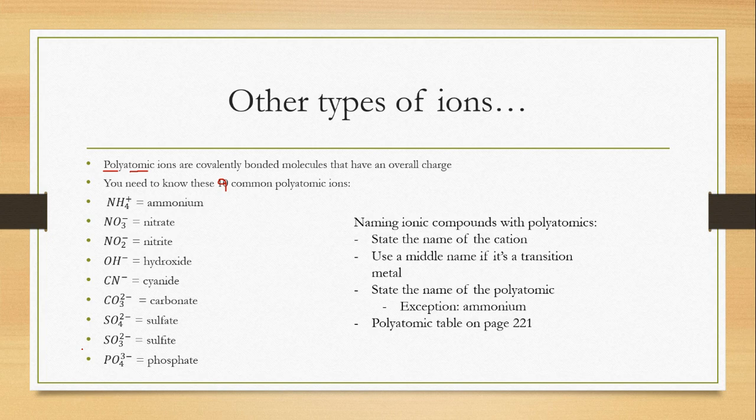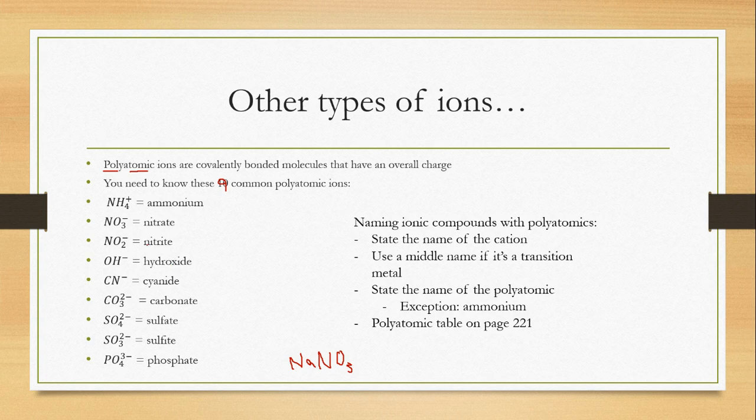But for naming ionic compounds with polyatomics, in the same way as before, you'll state the name of the cation, which is the metal. You'll use a middle name if it's a transition metal, and then you'll state the name of the polyatomic. For example, if I had sodium nitrate, it would be NaNO3.